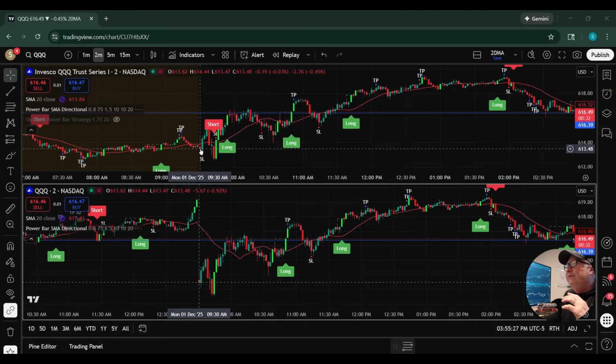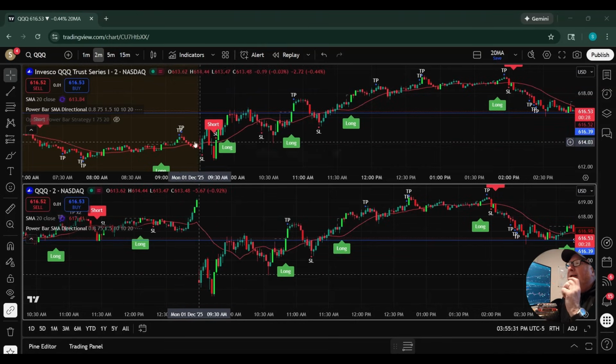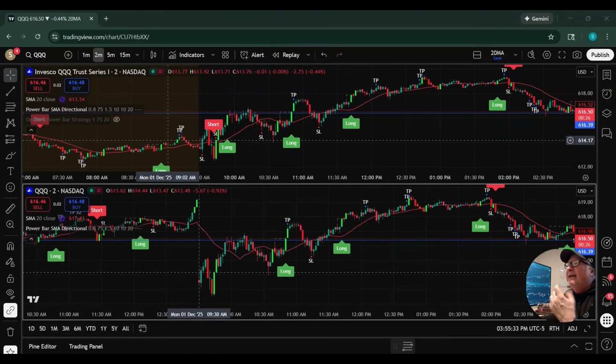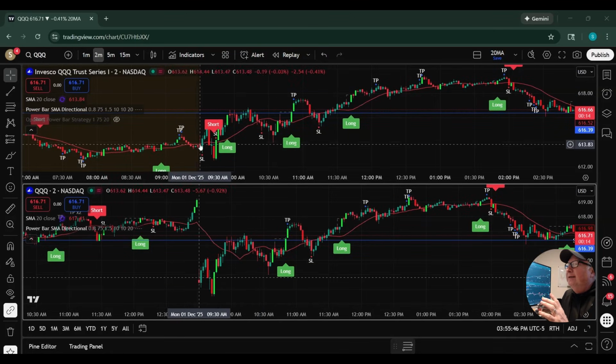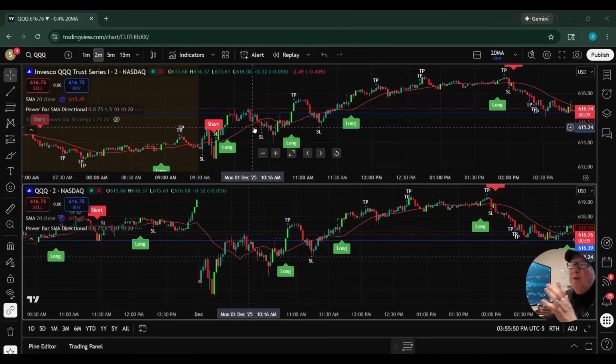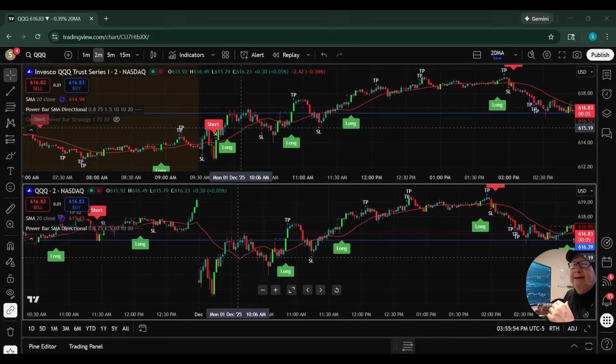The 20 is moving higher on the chart that includes the pre-market data. And let me be clear, from my perspective, the pre-market data is nowhere near as important as the regular market data. So this 20 that's rising is nowhere near as important as this 20, which is falling.